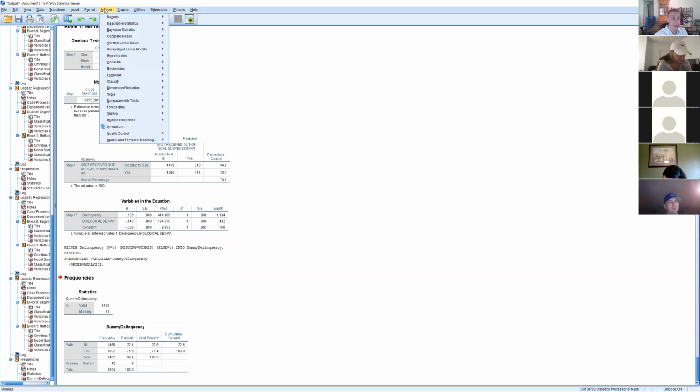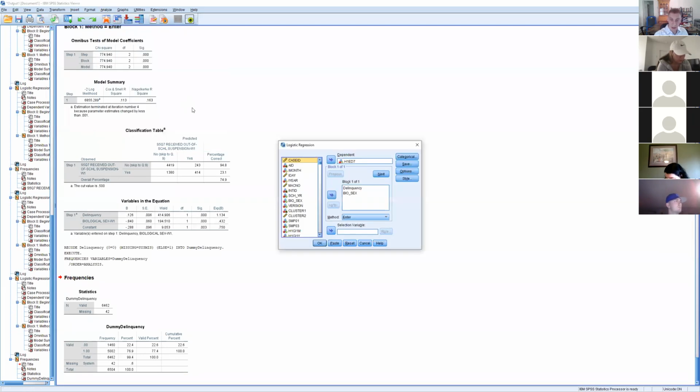Let's go ahead and take a look at that in binary logistic regression. We want to go down to Regression, Binary Logistic. Okay, and we're going to put in for the dependent variable the delinquency dummy.